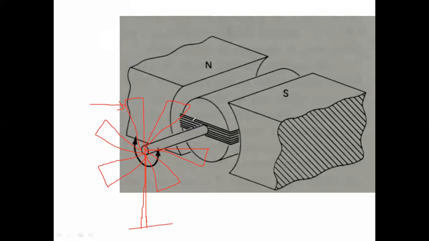Whenever the rotor rotates due to the fan, this coil will also rotate, and the flux, which generally flows from north to south pole, will be cut by the rotating wire. It cuts the magnetic field, and due to that, the EMF will be induced in the coil.